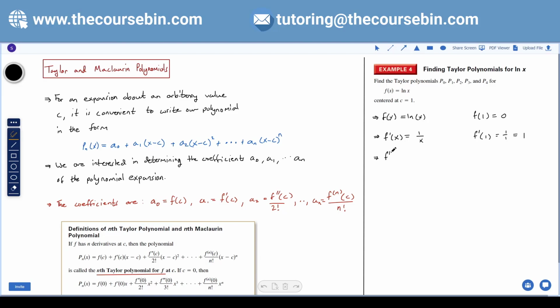Now we need the second derivative, f double prime of x, which is just the derivative of this. That gives us negative 1 over x squared. And we need f double prime at 1. So this gives us negative 1 over 1, which is equal to negative 1.